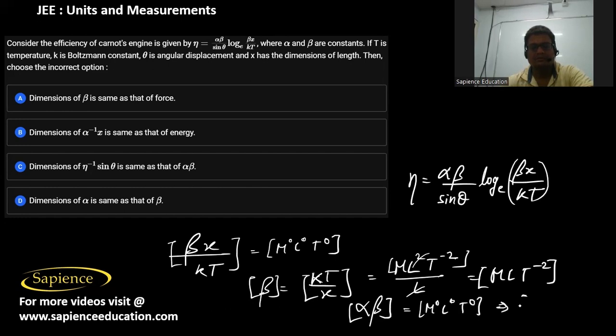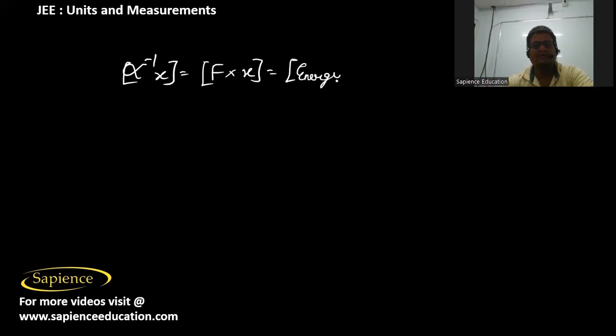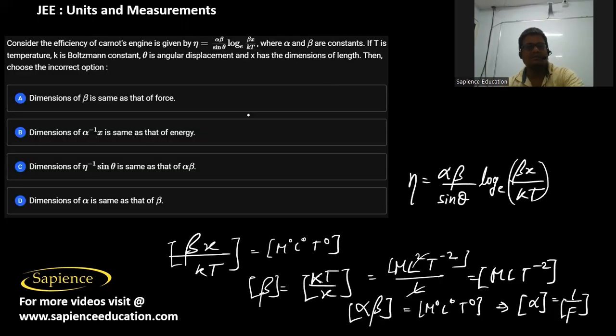So the dimension of alpha is the reciprocal of the dimension of force. Now therefore dimension of alpha inverse is same as the dimension of force, and into x, that will be same as the dimension of energy or work done.